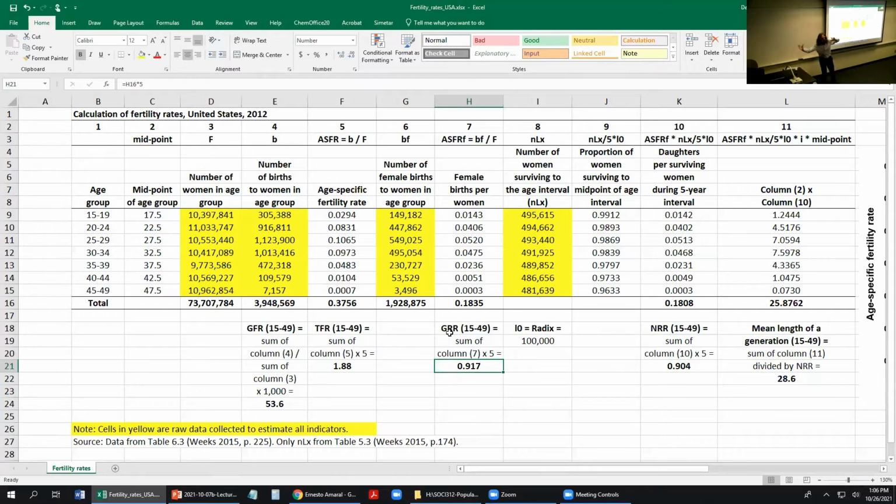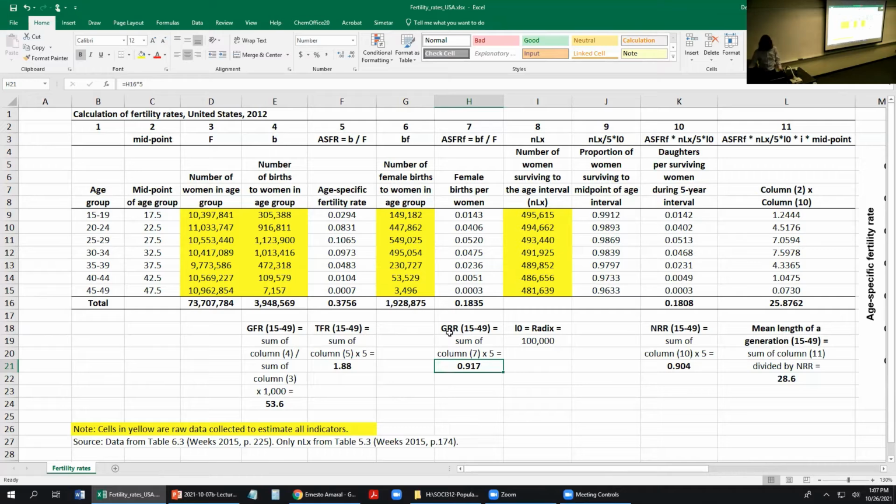So between 15, 16, 17, 18, 19, the rate is going to be the same. So I just multiply 17.5 by this number to get this number here. Add them all, get 25.8. And if I divide 25.8 by 0.9, we get 28.6. That's the mean age in which women are having their daughters.